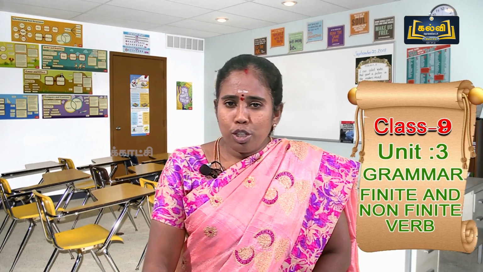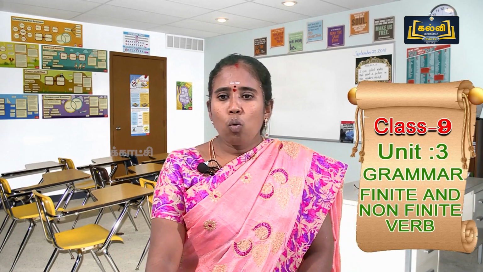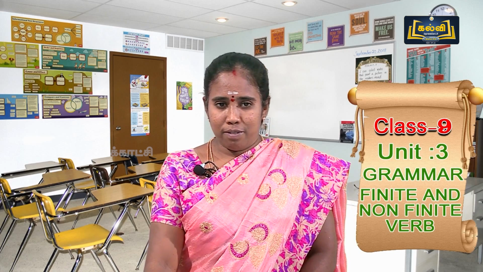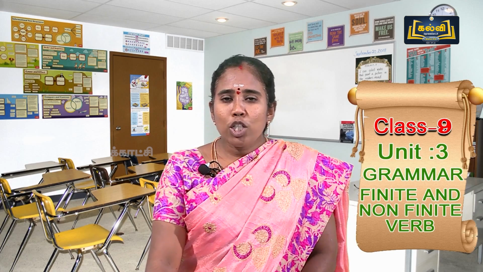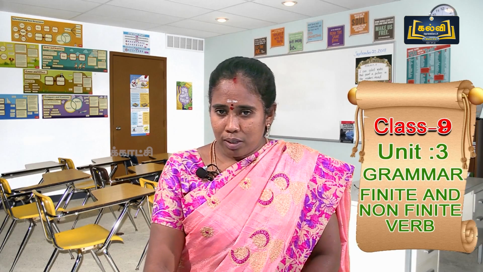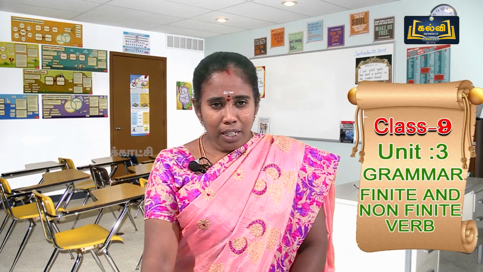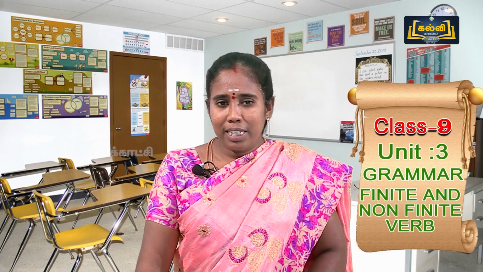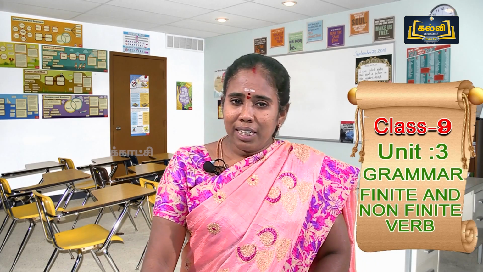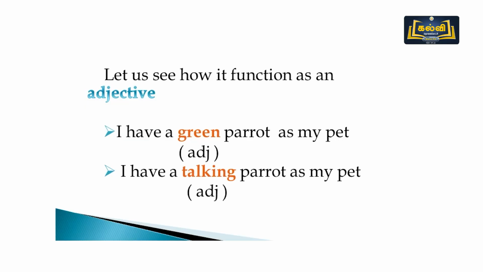You all should remember first what an adjective is. An adjective is a word which qualifies the noun. Are you clear? Here in this sentence, I have a green parrot as my pet.